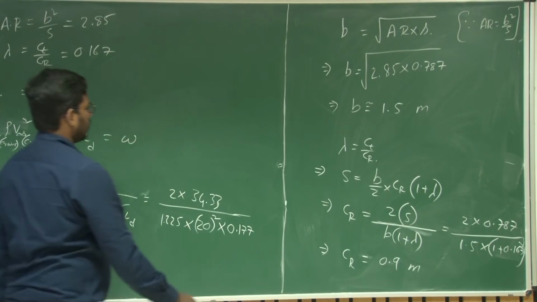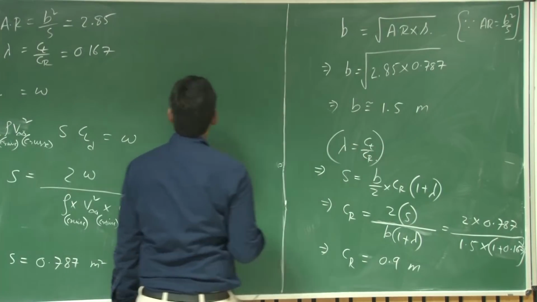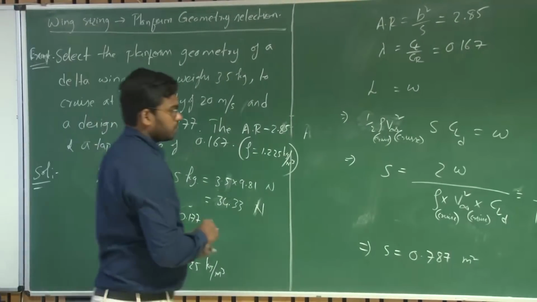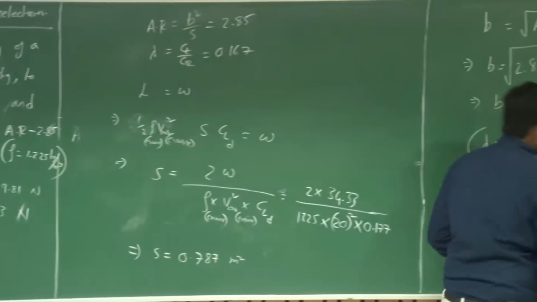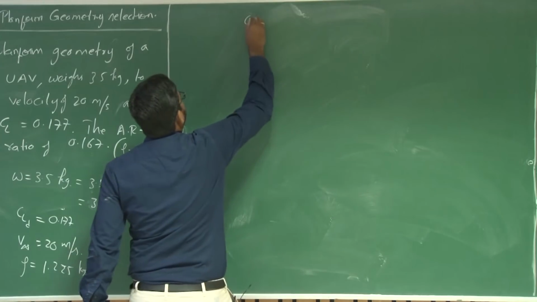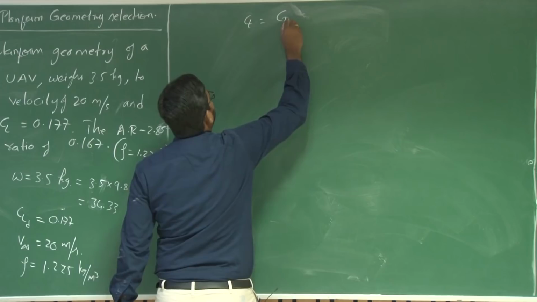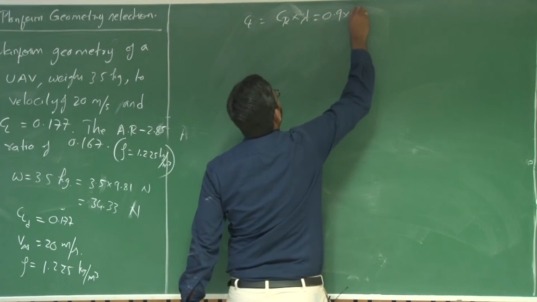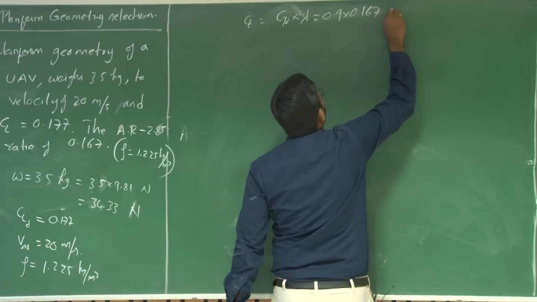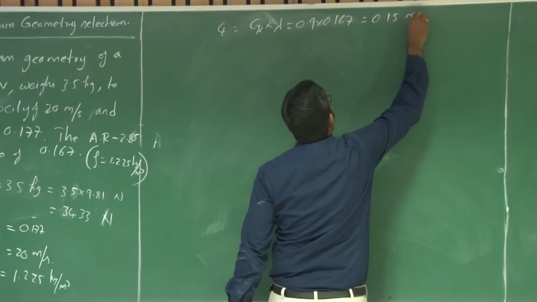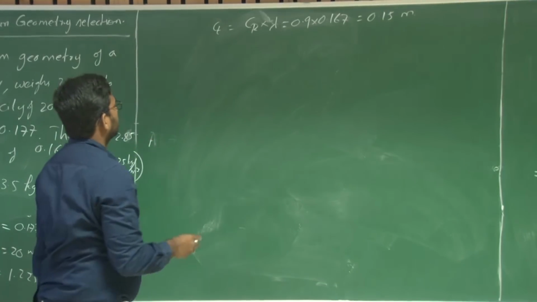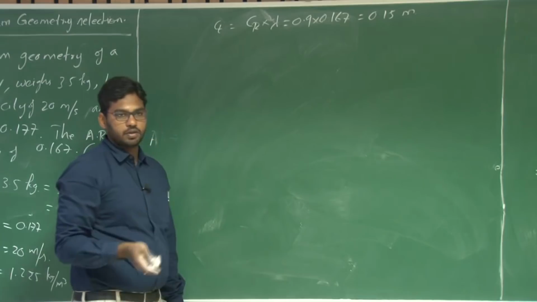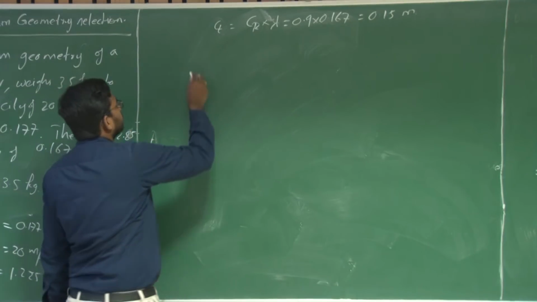Since we know the root chord, by using the definition of taper ratio, we can figure out the corresponding tip chord. Ct is equal to Cr into lambda, that is 0.9 into 0.167, which is 0.15 meters, right. You have Ct, you have Cr, you have the span. What will be the mean aerodynamic chord?